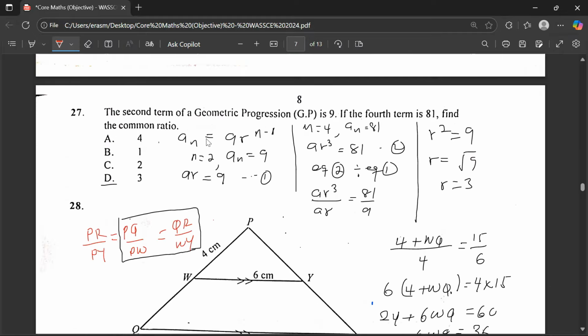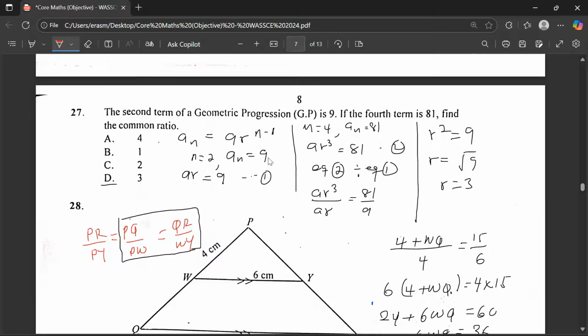Now the second term of a geometric progression, GP, is 9. If the fourth term is 81, find the common ratio. Now, the nth term of a GP is a_n equals ar to the power n minus 1. So, if n equals 2, then a_n is 9.